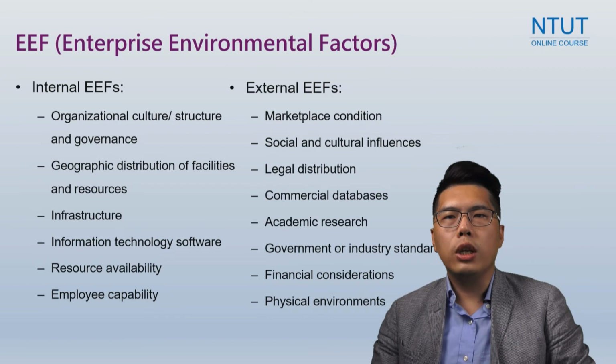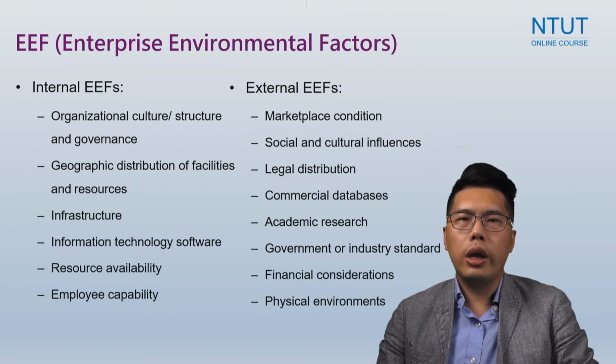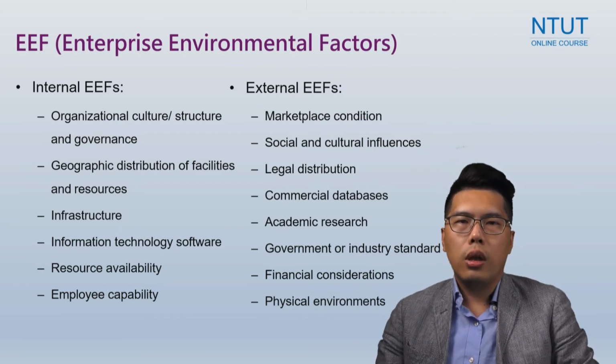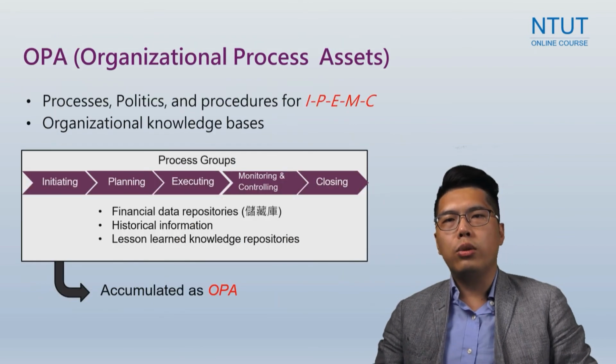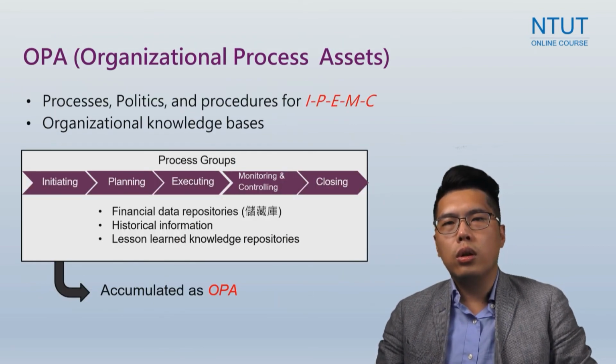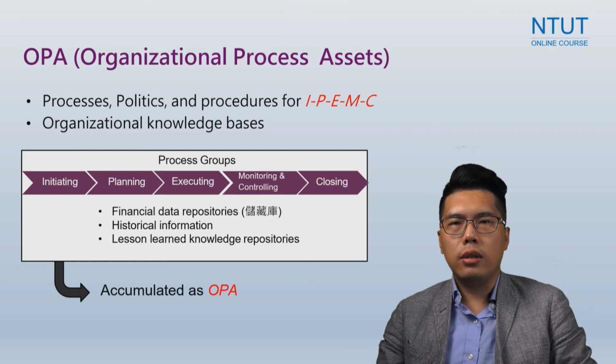Okay, so the EEF has the internal one and the external one, and these factors are very important to the company while conducting the project. So on the other side, which is the internal side of the company, is the OPA, the organizational process assets.